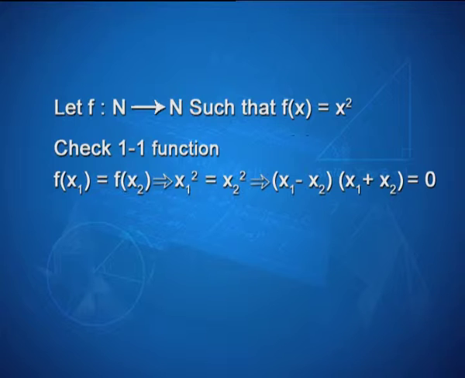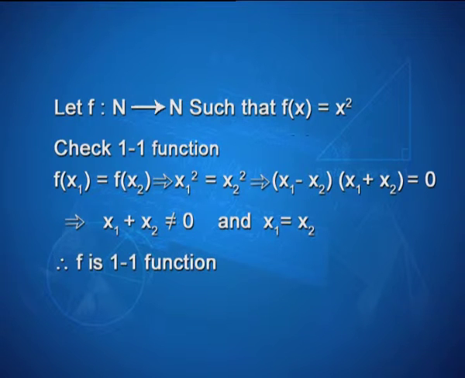We factorize it: (x1 − x2)(x1 + x2) = 0. x1 + x2 cannot be 0 because the sum of 2 natural numbers cannot be 0. Therefore, x1 = x2. Now, we are taking f(x1) = f(x2) and x1 is coming equal to x2. Therefore, f is a 1-1 function.